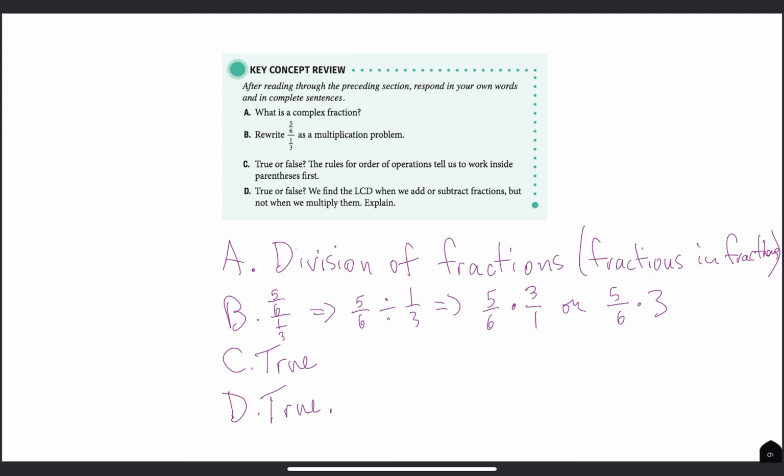And the reason is because when we're multiplying, we can simply multiply straight across, but when we're adding and subtracting, they have to be in the same denomination in order for us to add and subtract their numerators. So when we multiply, we multiply numerators and we multiply denominators. But when we add and subtract, we only add and subtract numerators if the denominators match.